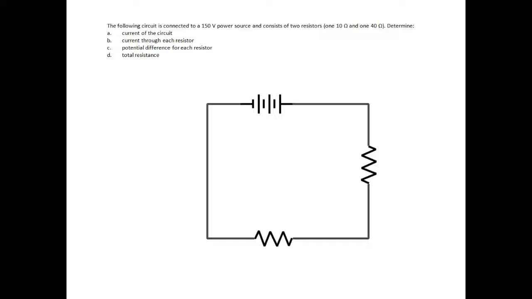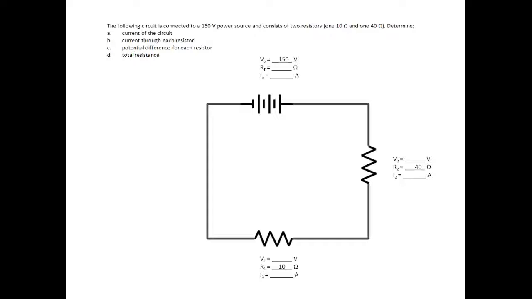Now, one of the first things that we always do when we are analyzing circuits and want to assign values to the different loads or features is write down our givens, and label each of our entities in the circuit with the values that we know.